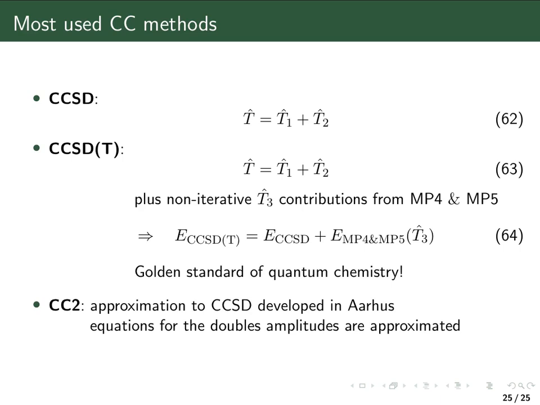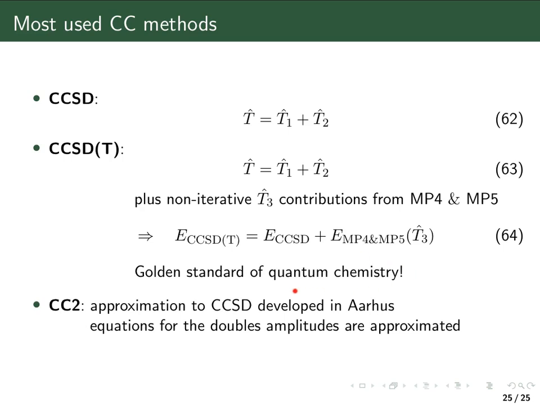Well, the standard coupled cluster model is coupled cluster singles and doubles, where you include the single excitation operator and the double excitation operator. There is an approximation to this method called CC2, which was developed several years ago in Aarhus. And the approximation is actually in the equation for the double amplitudes. That's CC2. It actually performs quite well.